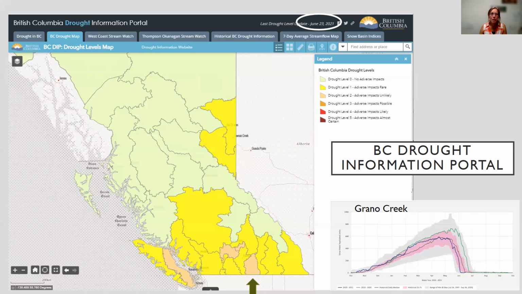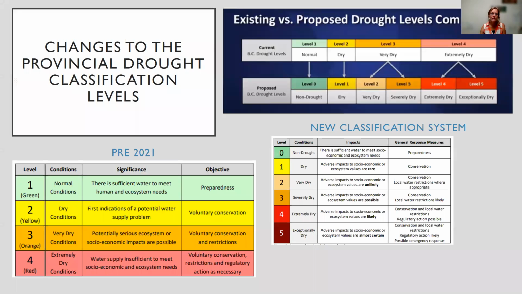One of the comments I wanted to bring to light, if you are looking at the station, is to keep an eye on the white circle at the top, which shows the date the last drought level was updated. So that's something to be aware of. One of the things the province did this year is change their drought classification system. It used to be a 4-level system, over here on the bottom left, and it is now a 6 classification system.